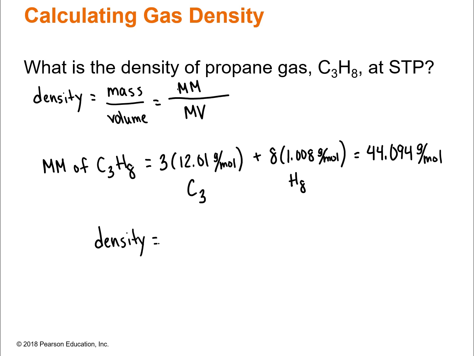So when we're calculating our density, we've got our molar mass that we can just report in grams. The molar volume we're going to use is 22.4 liters, because at STP, that's what the volume of 1 mole is.